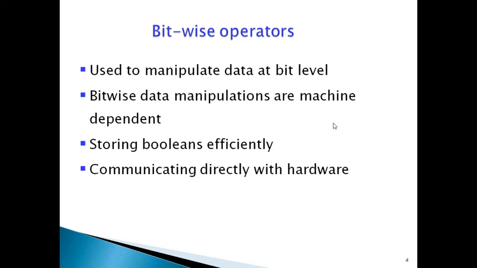These data types are converted into the machine language, and after converting the data into the machine language, it performs the required operation. We are not communicating directly with the hardware, but while you are using the bitwise operators, we will communicate directly with hardware.